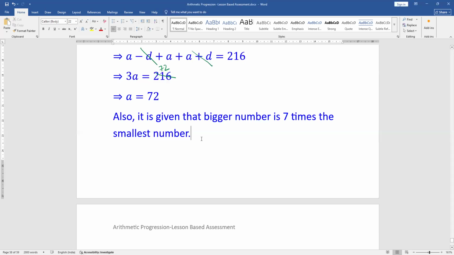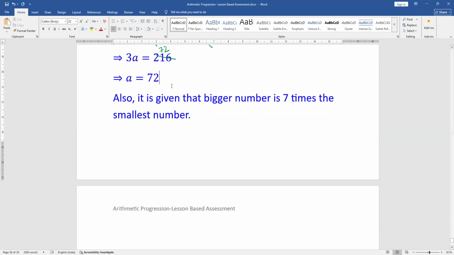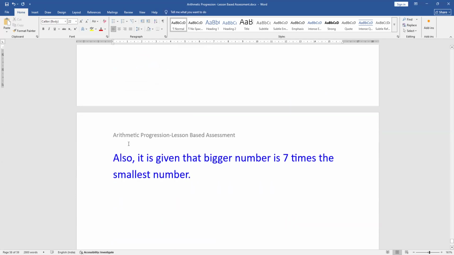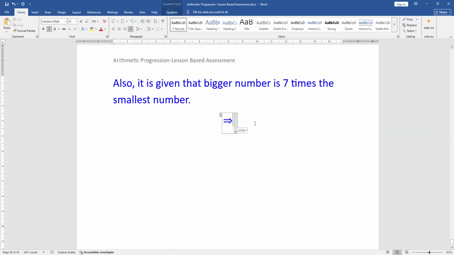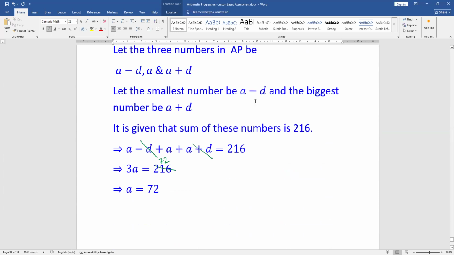So let me write the next step. The biggest number is a plus d. The biggest number is 7 times the smallest number. The smallest number is a minus d. Right? A minus d. So remember here, observe: this is the smallest number, a minus d, and the biggest number is a plus d.